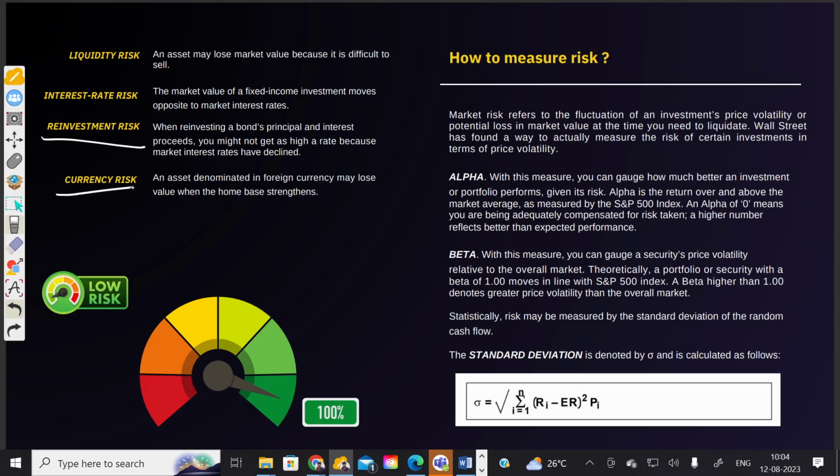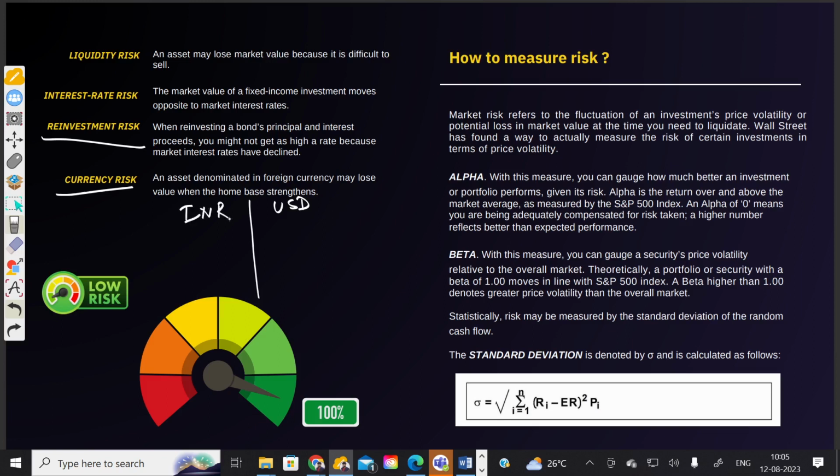And finally, currency risk. An asset denominated in a foreign currency may lose value when the home base strengthens. So what it means, because always see, now we have a base currency which is USD, and our home currency is INR, right?